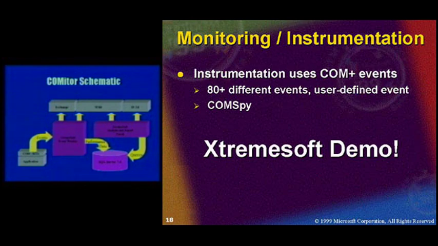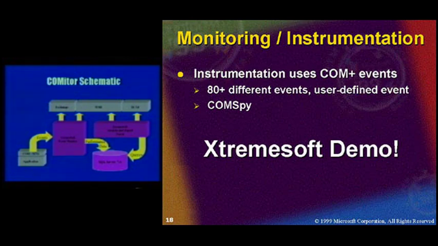What this shows is we gather up all the information from the ComSpy interfaces that's been emitted by the COM+ runtime system. We gather it in our event monitor. We collect and log the data in a data warehouse in a SQL Server 7 database. We then have a set of reporting tools, what we call a portal site in your enterprise, where you can go get information about the performance data of your COM+ applications.